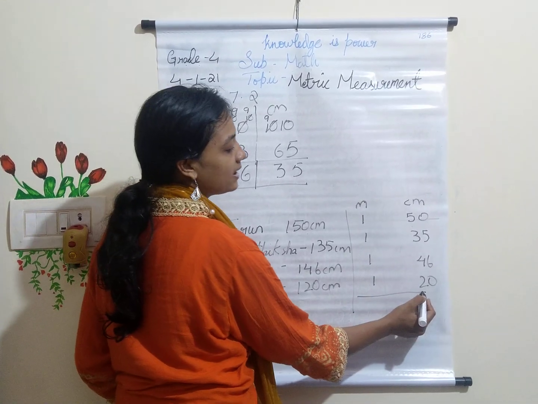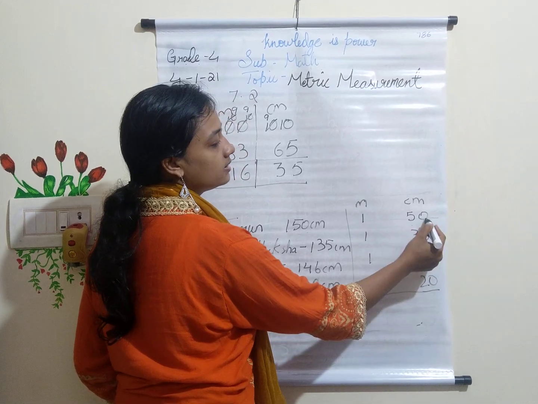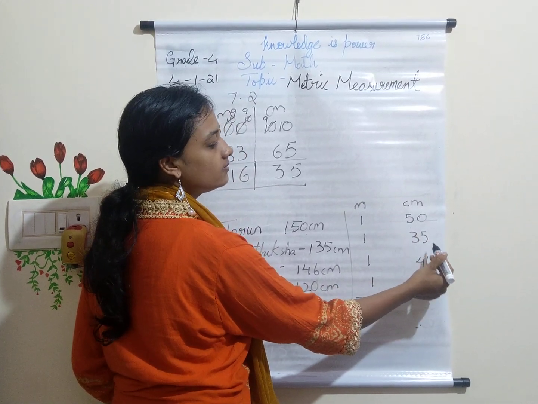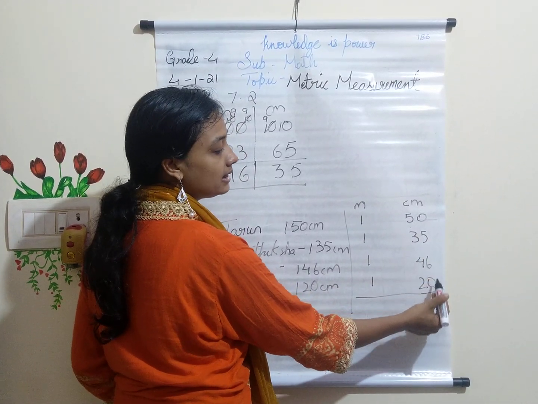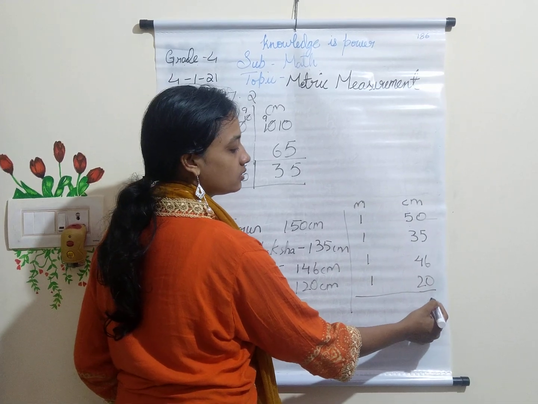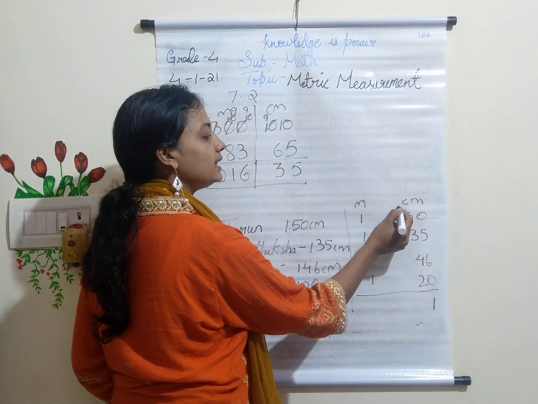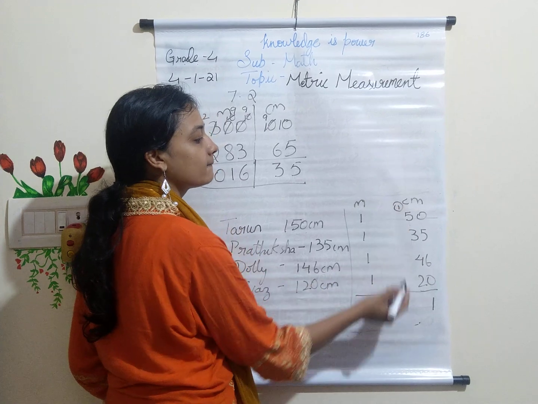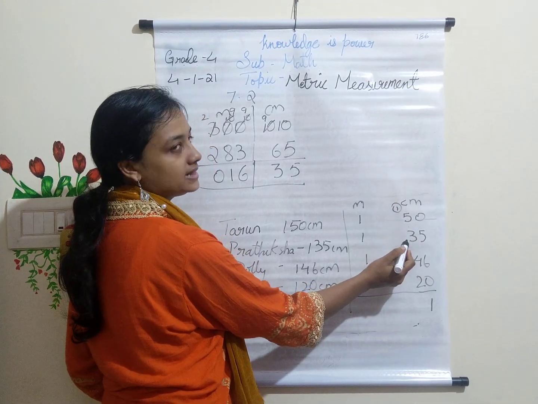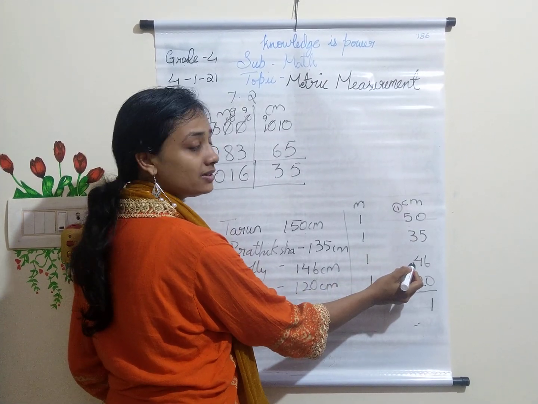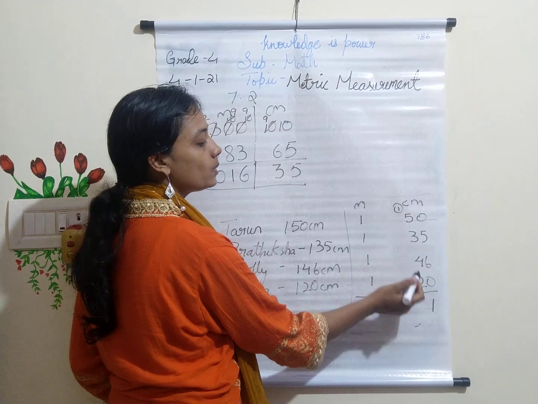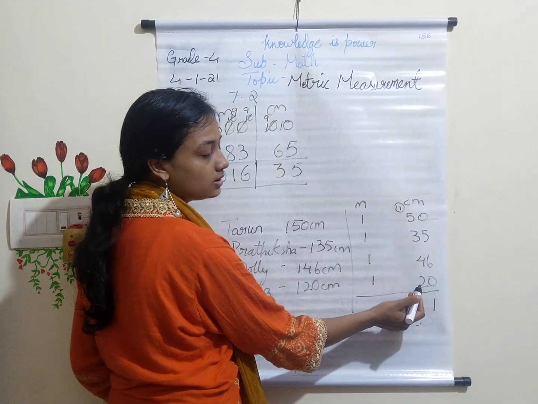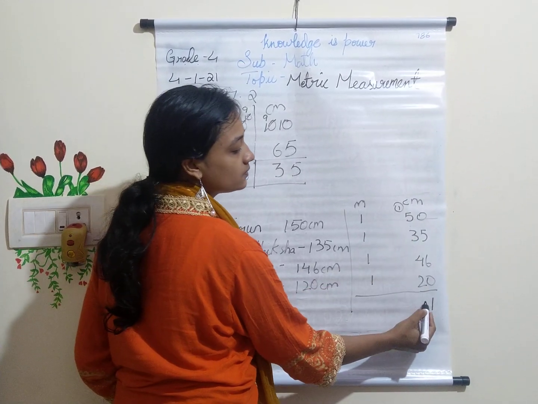Now when we add all together, we get 0 plus 5 is 5, 5 plus 6 is 11, 11 plus 0 will be 11. So 1 and 1 carry. Now 5 plus 3 is 8, 8 plus 4 would be 12, 12 plus 2 would be 14, 14 plus 1 carry is 15.